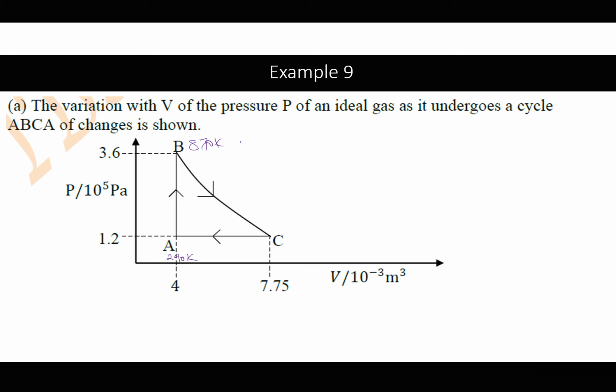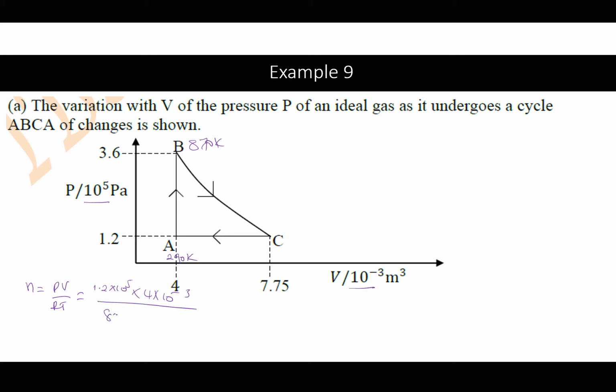So the same gas is taken through stages. So we can still find the number of moles. Number of moles is going to be PV over RT. We can consider A. You can also consider B. You'll get the same answer. If I consider point A, pressure is 1.2 times 10 power 5 pascals. The volume here is 4 times 10 power negative 3 meters cubed.